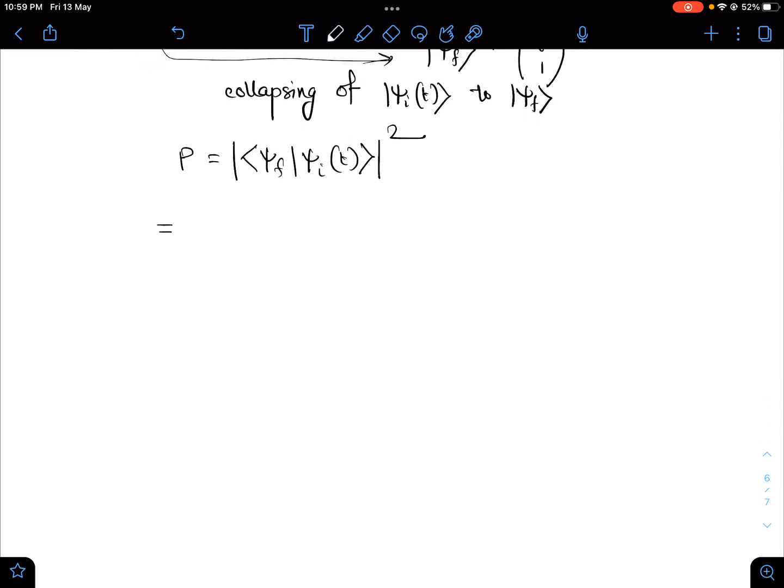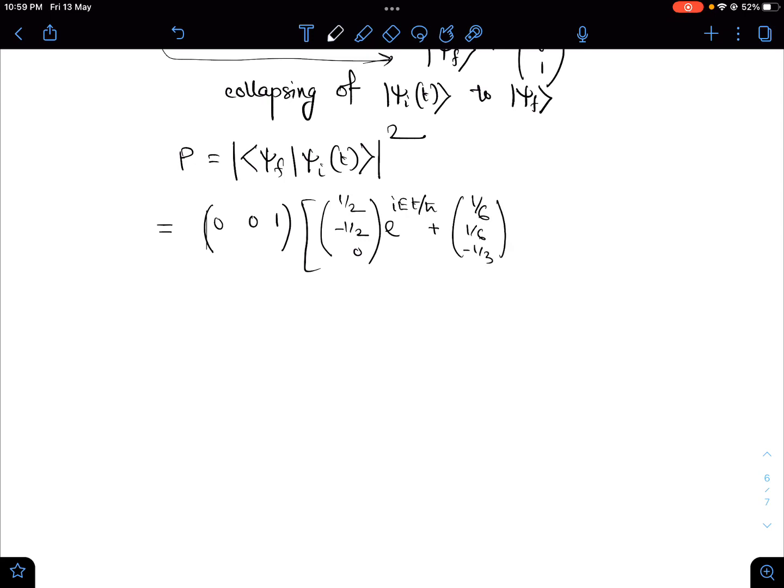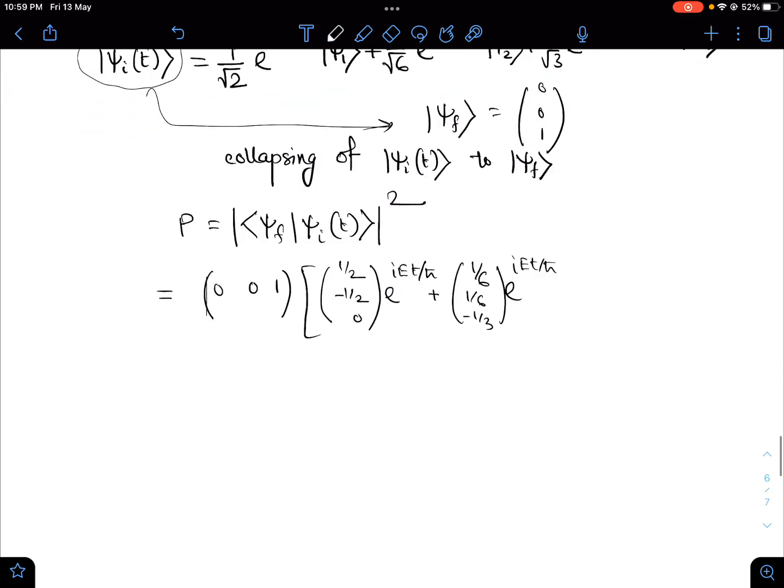So we have our psi f to be 0 0 1, and we have our psi initial to be 1 by root 2 e to the power minus i E t by h cut, 1 by root 6 e to the power minus i E t by h cut, and 1 by root 3 e to the power minus i (E minus 3g) t by h cut.